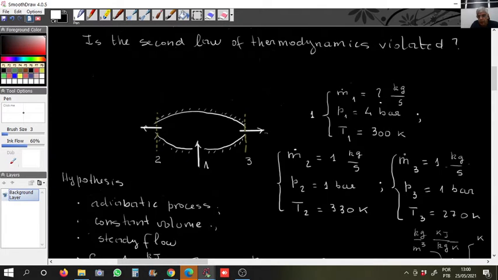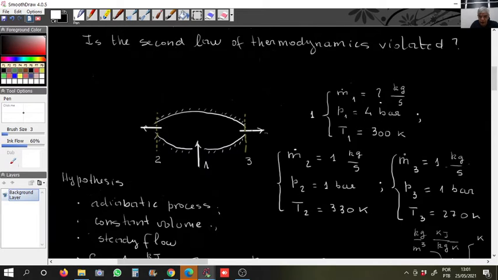Now I'll give some data. The mass flow rate at section 1 I don't know yet. The pressure is 4 bar, and T1 is 300 Kelvin. In section 2, the mass flow rate is 1 kilogram per second, the pressure at section 2 is 1 bar, and the absolute temperature at 2 is 330 Kelvin.